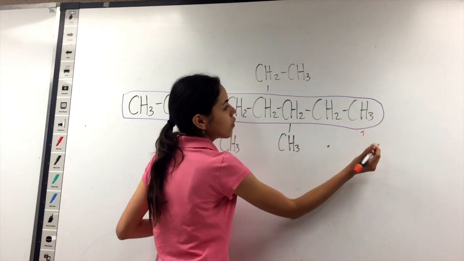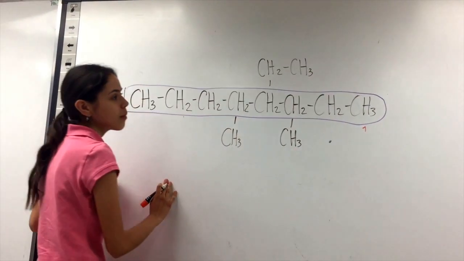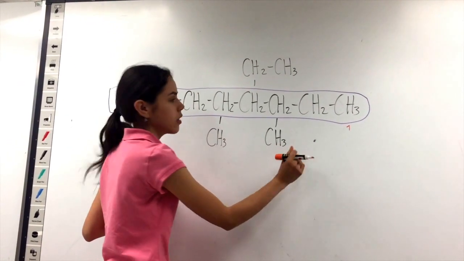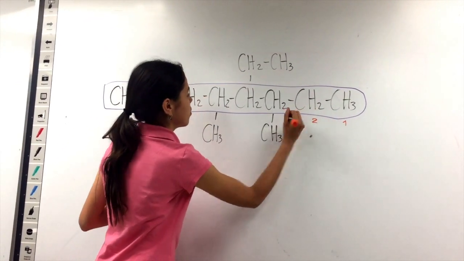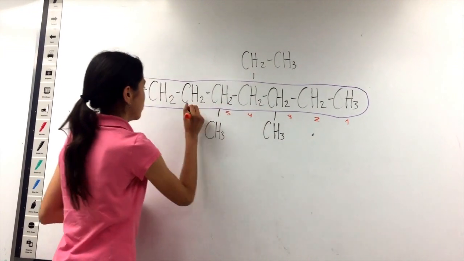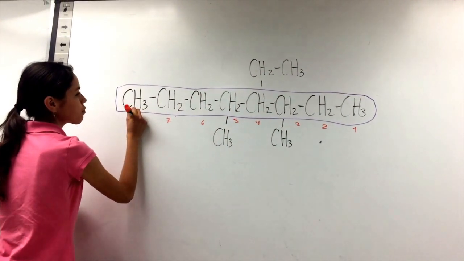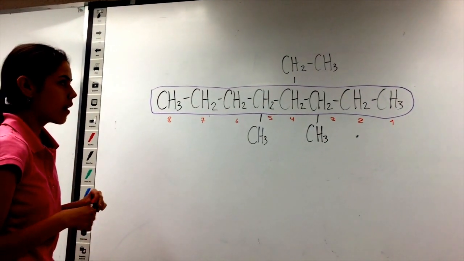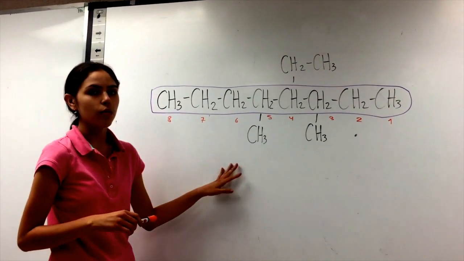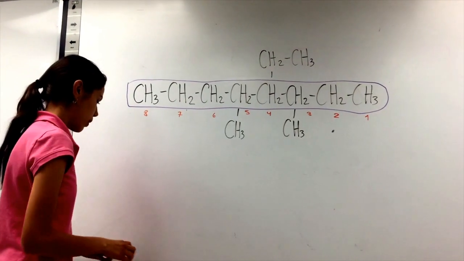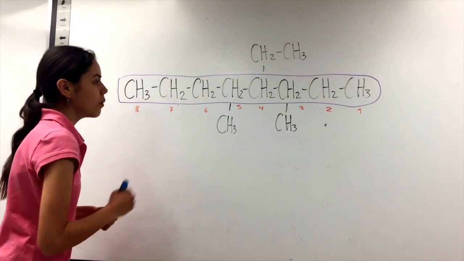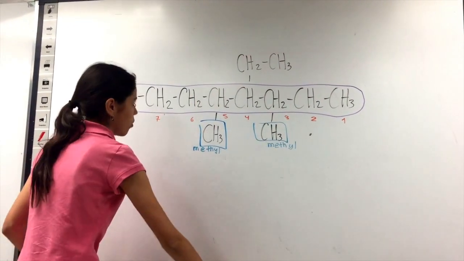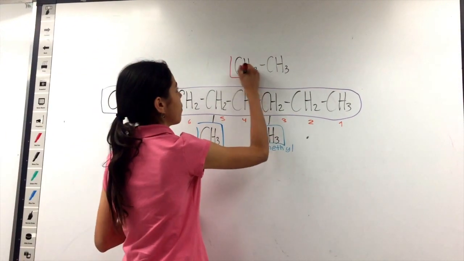We will start from right to left because we have an alkyl group first. Now, our third step will be to identify the alkyl groups we have in our problem. Here we have 2 methyls, 1 ethyl.